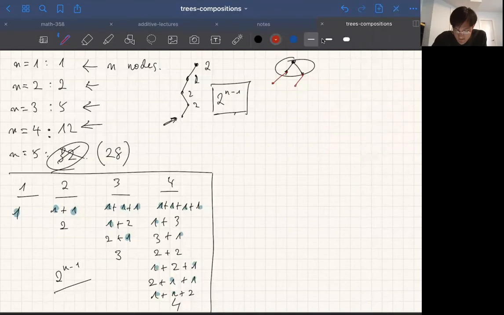Okay, so let's tailor our approach to just n equals 5. So if there's 16 here, there should only be 12 ways. Okay, what are the 12 ways? If we put a node here, then there are 1, 2, 3, 4 ways of putting the last node.